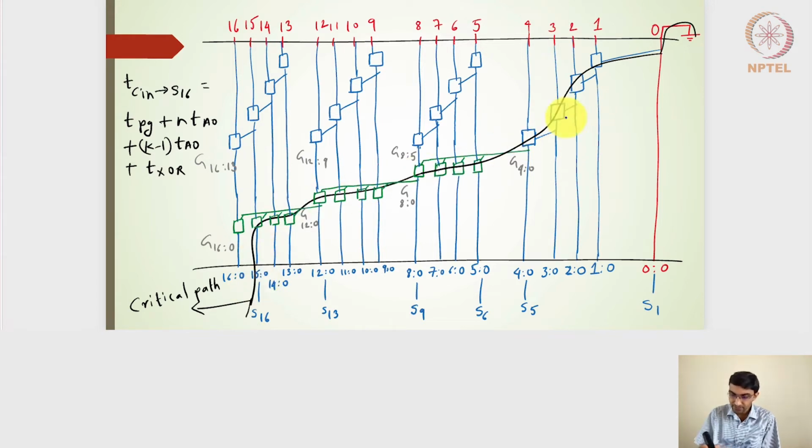Right, so this is the critical path again, starting from the first level to the second level, where these 4 blue boxes will be there, and then this particular one, and this particular one, followed by the XOR gate. So that will be our critical path to generate S16 from the input side.